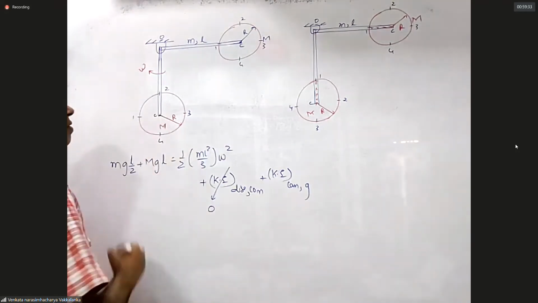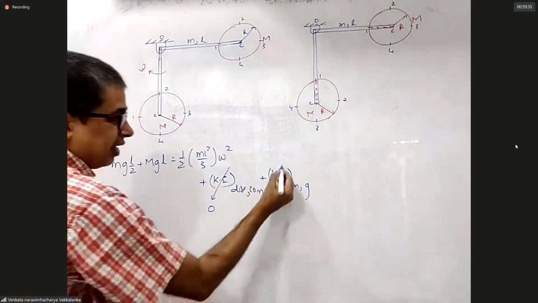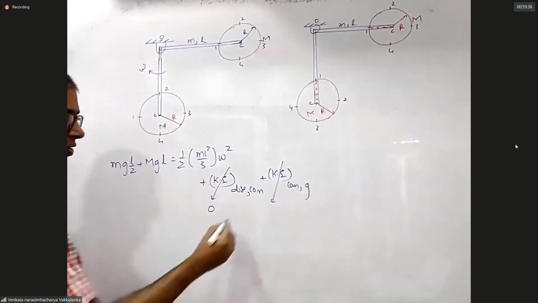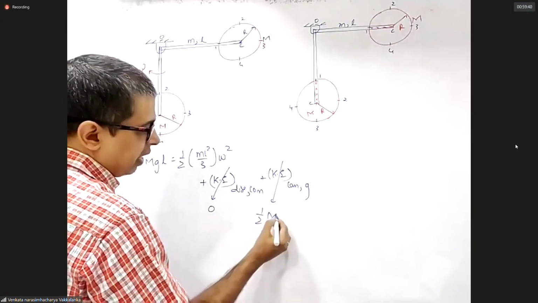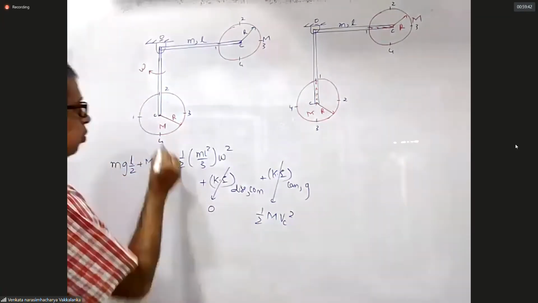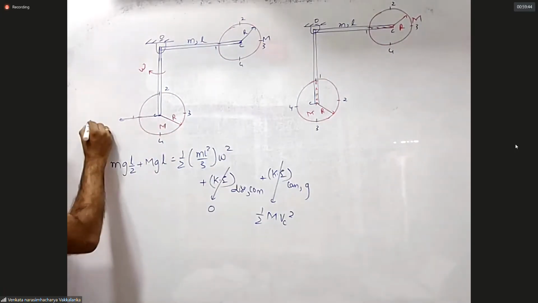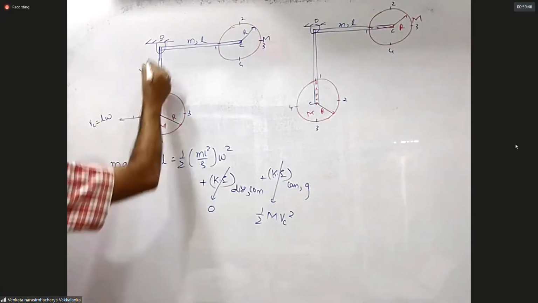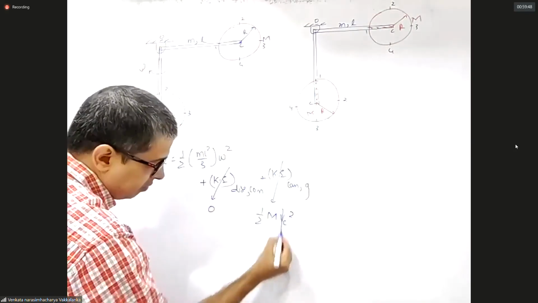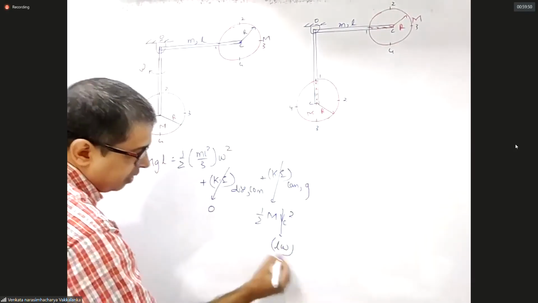Kinetic energy of center of mass is half capital M Vc whole square. How much will Vc be equal to? Vc is equal to L omega.